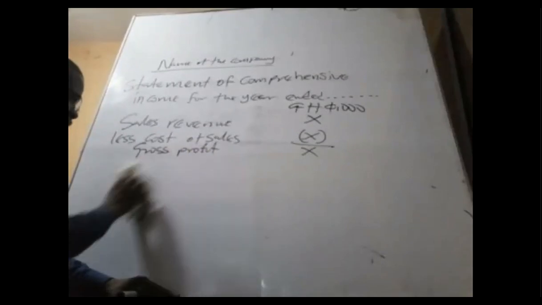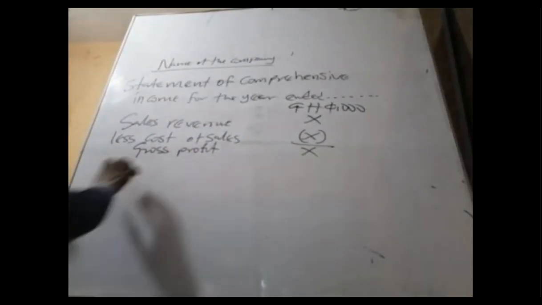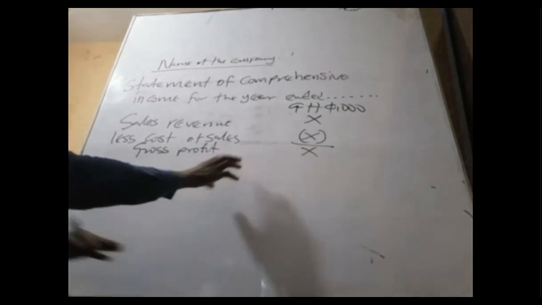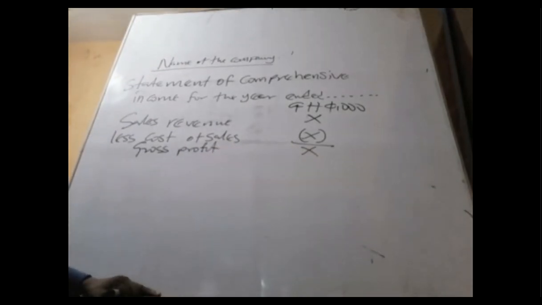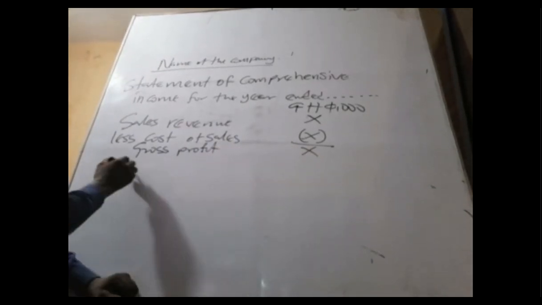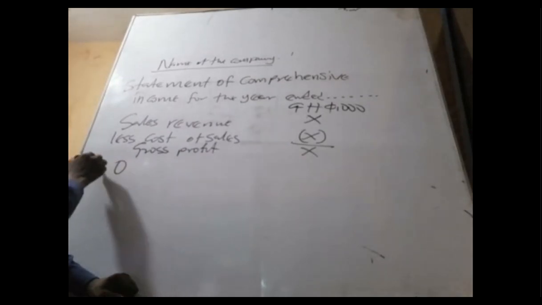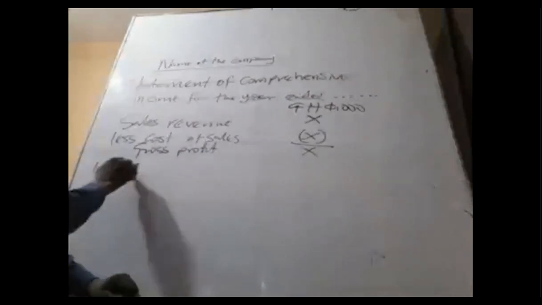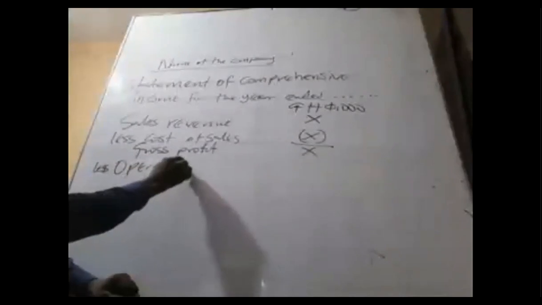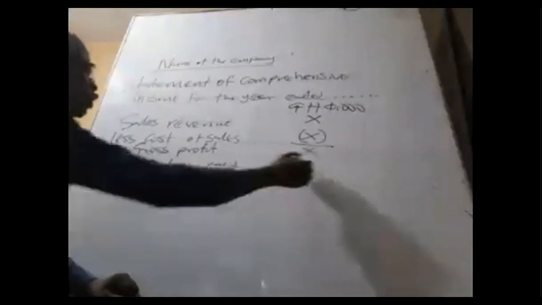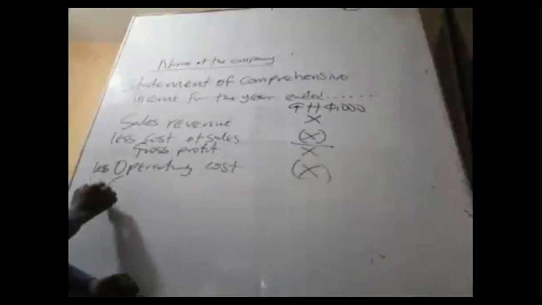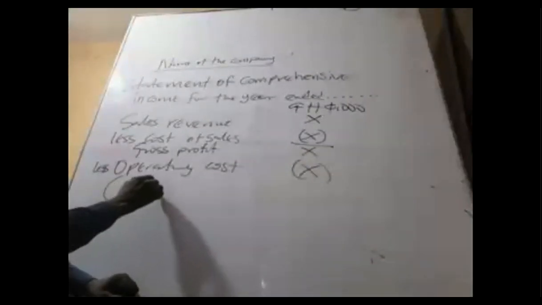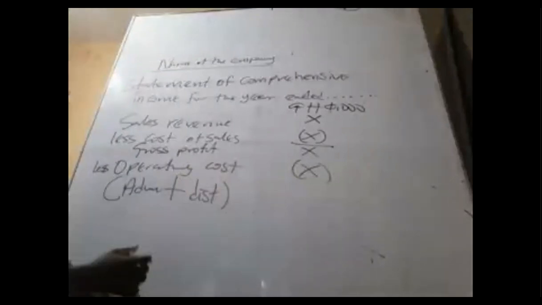This is what I'll do. Perform a working where you have combined all the expenses together, both admin and distribution costs, and call it operating costs. So this operating cost is a combination of what? Admin plus the distribution cost together, all of them.